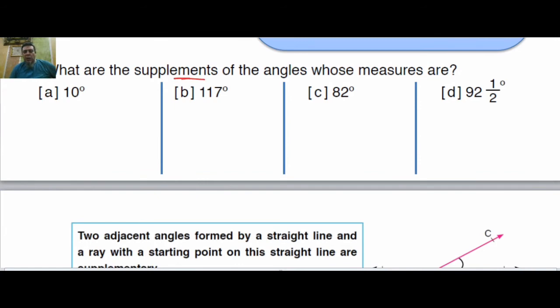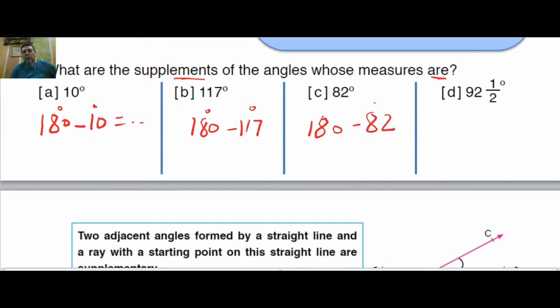Example: what's the supplement of the angle whose measure is 10? The supplement means 180 minus 10. 180 minus 117. 180 minus 82. 180 minus 92 and a half.